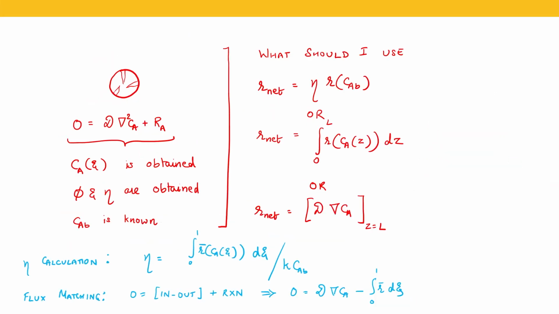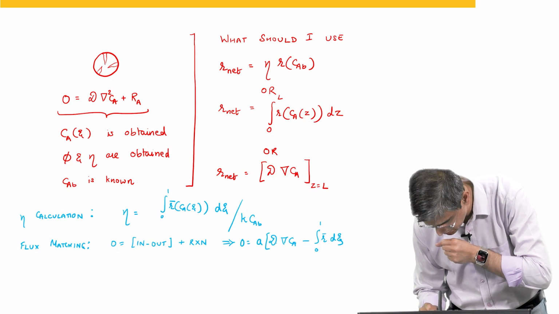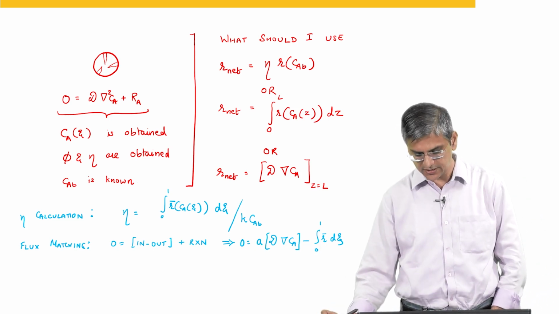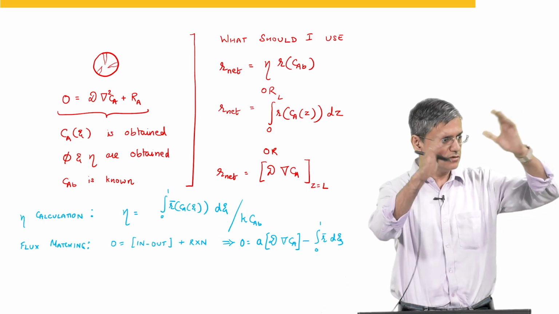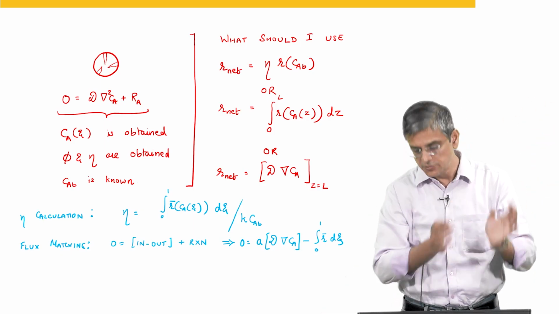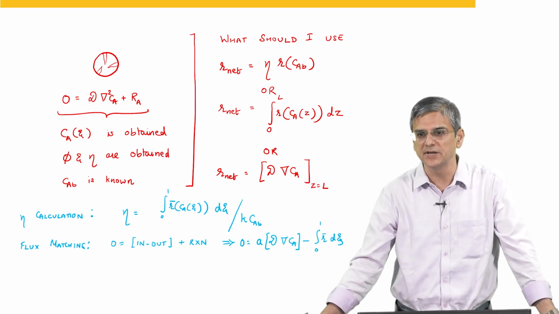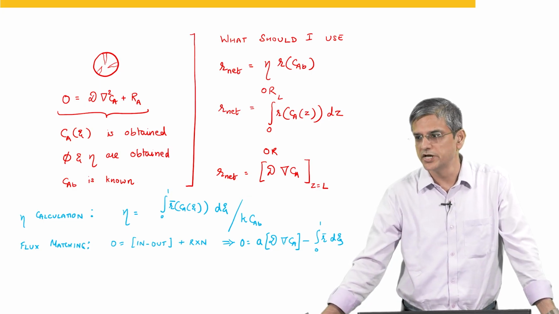The flux that is coming in, multiplied by the surface area, is equal to the net reaction that is taking place in the pellet. Okay.